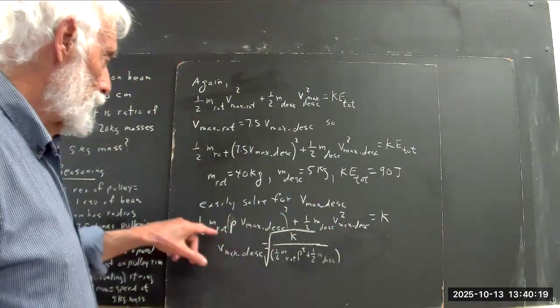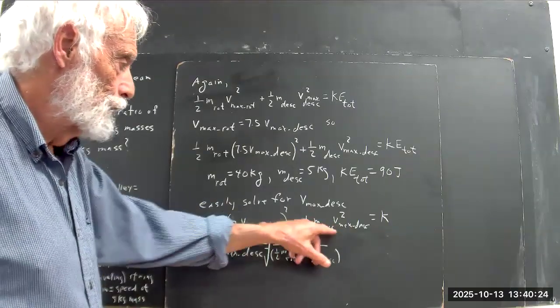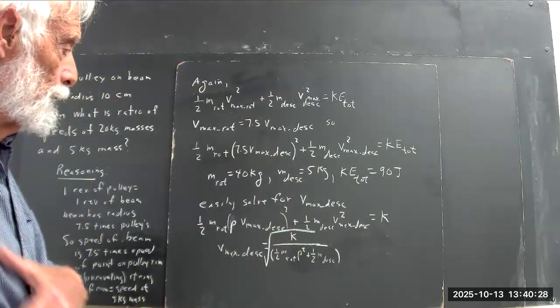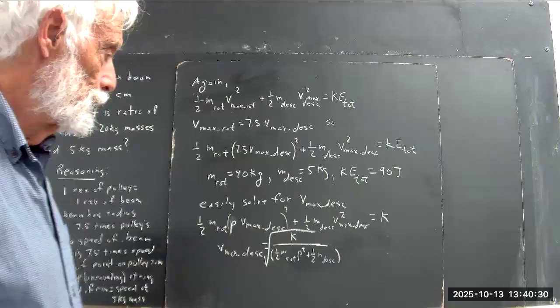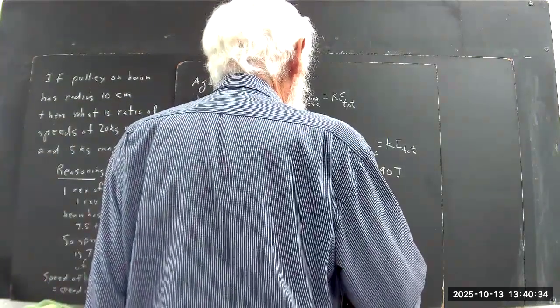When I factor this out, I get mass of the rotating times rho squared, mass of the descending just times 1/2 m. And it's 1/2 the descending mass. So when I write this out now, it makes more sense.